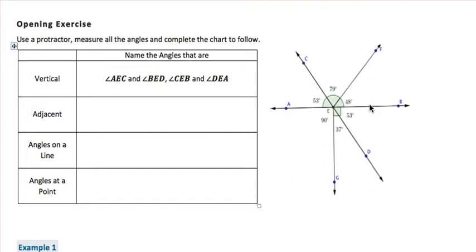And if it lines up perfectly, it's a straight line. We also have vertical angles in CEB and DEA. Those are also vertical angles, and we know that because we see the straight lines creating them.